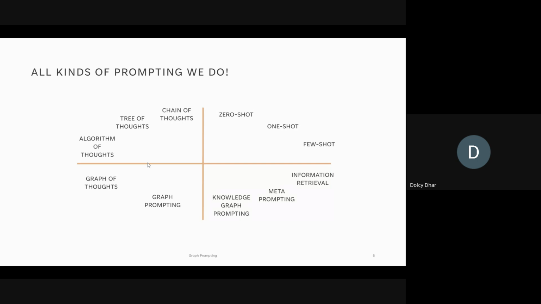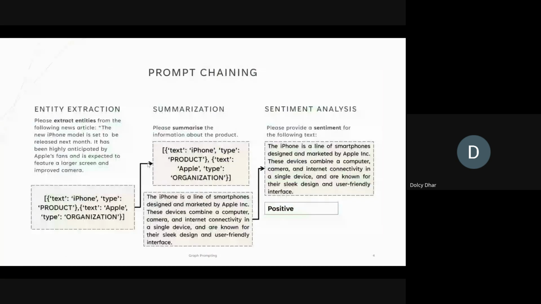Let me quickly go back to this page and show you. Here I have specified the logic in which the LLM will carry out tasks. First, the LLM is supposed to extract entities in a specific format. Then it is supposed to summarize those entities and those relationships, and then the summary should have a sentiment attached to it. So I've specified a chain of thought here.